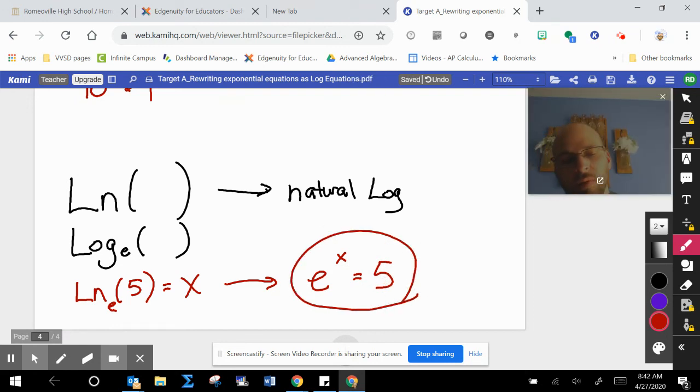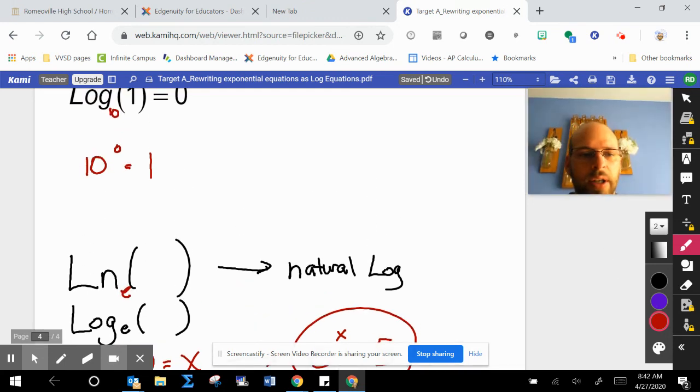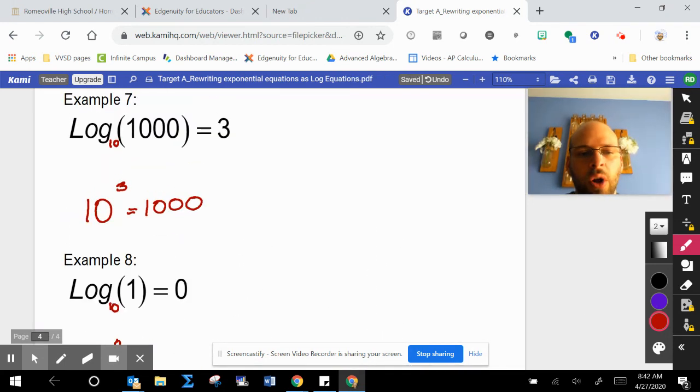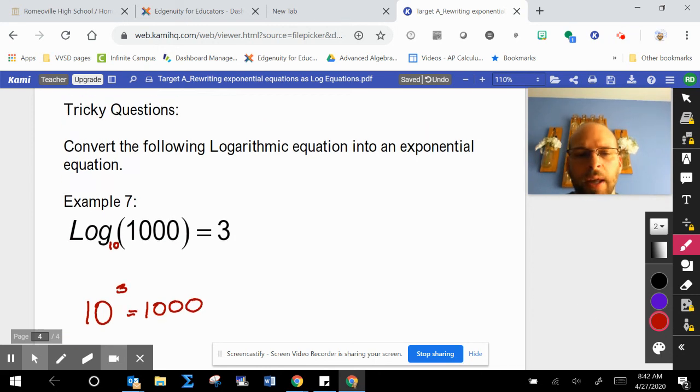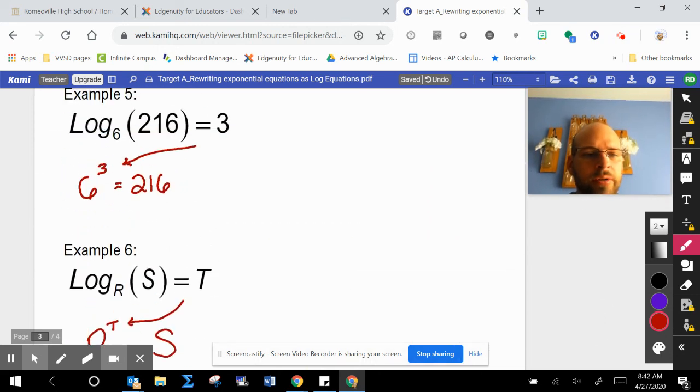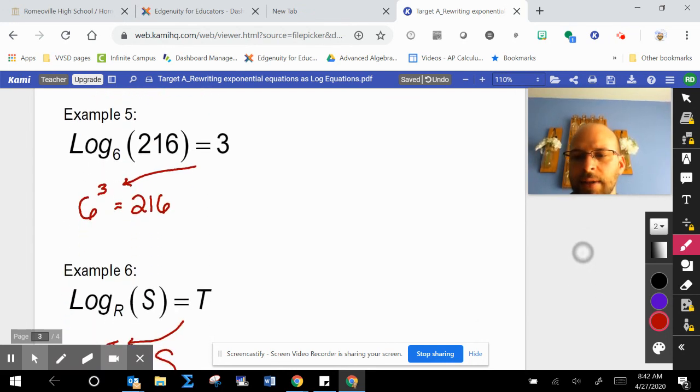And this would be writing it from one form to the other. All right? So if you ever see natural log, it's always base E. If you ever see a log by itself, it's always base 10. These ones are the tricky ones. All right? But every other log that you see should have a little subscript, and that tells you what the base is. Okay?